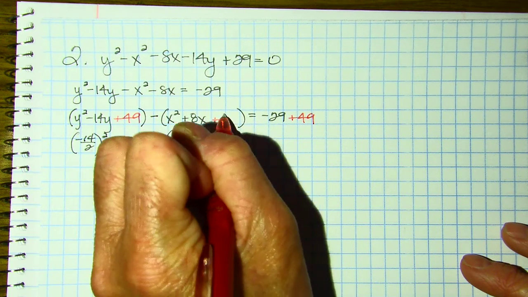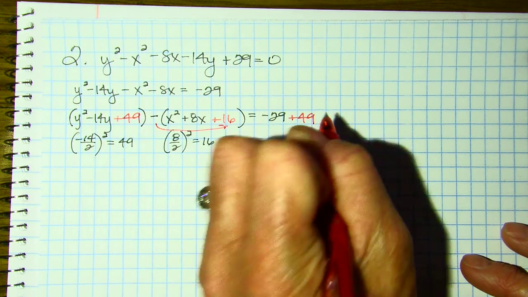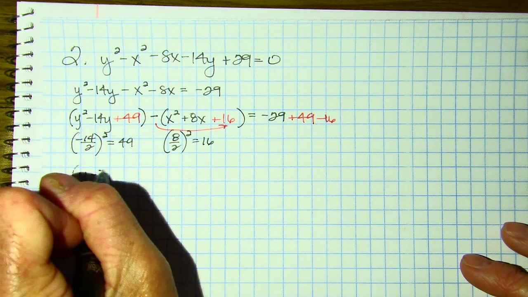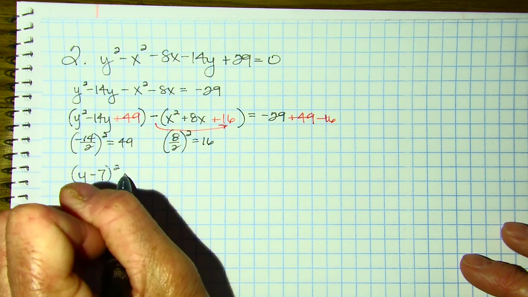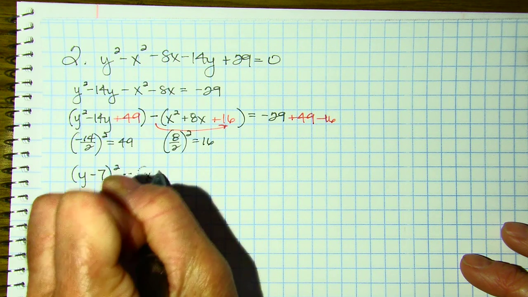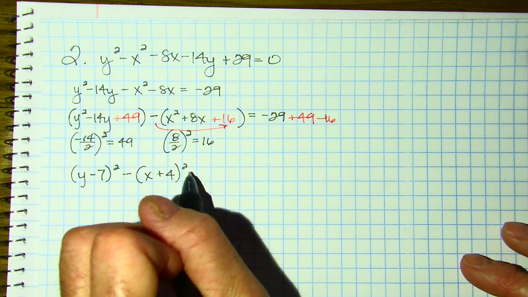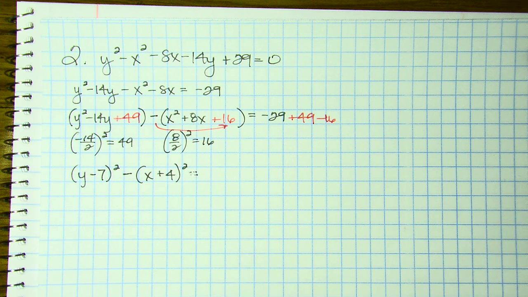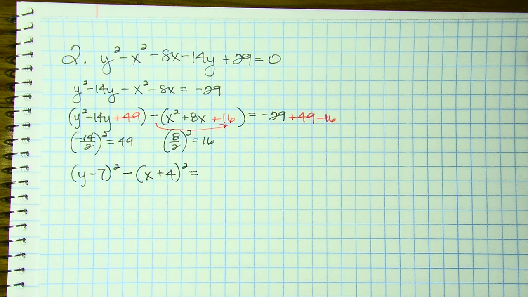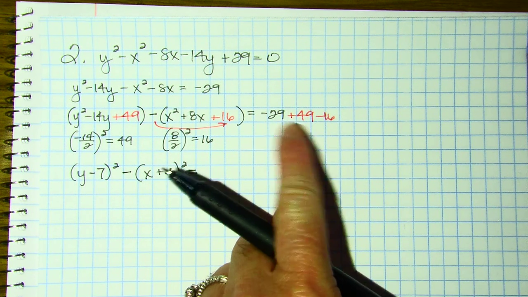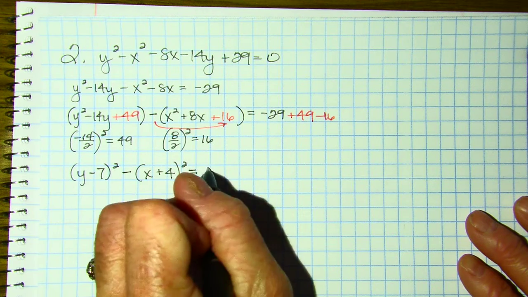I'm adding 16 here, but that's a negative, so I'm subtracting 16. So I have y minus 7 squared minus x plus 4 squared equals 49 minus 29 is 20. 20 minus 16 is 4.